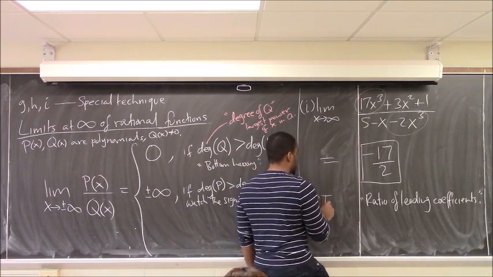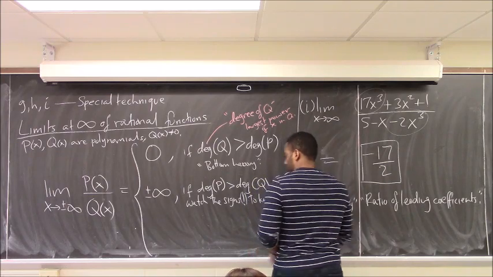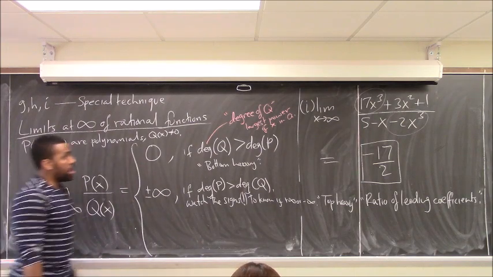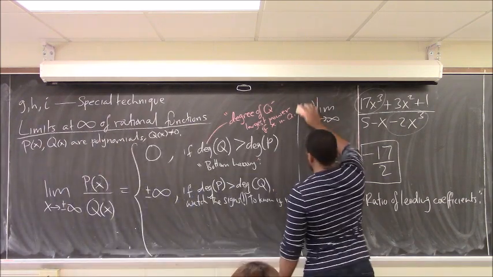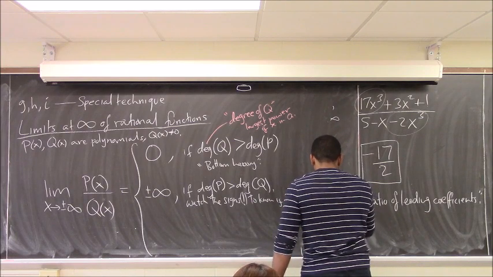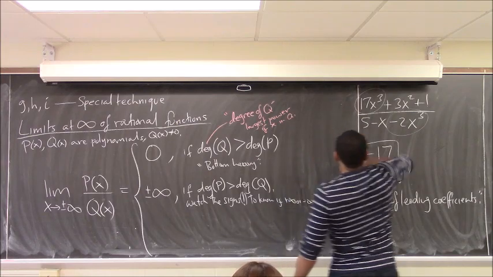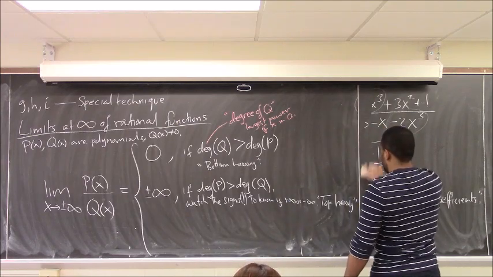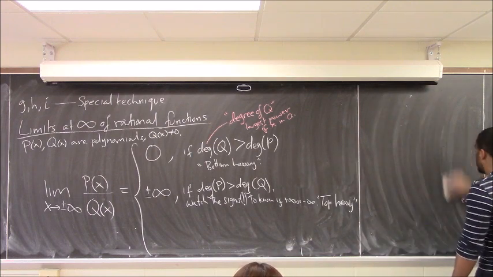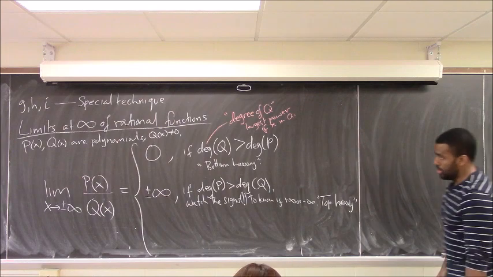And these are top heavy. So you'll either get 0, or you'll get positive infinity or negative infinity depending on the signs of the things that are there. You have to watch the coefficients and watch the sign of the power of x. Once you determine the sign of the overall fraction, you know which infinity you're going to attach to it.